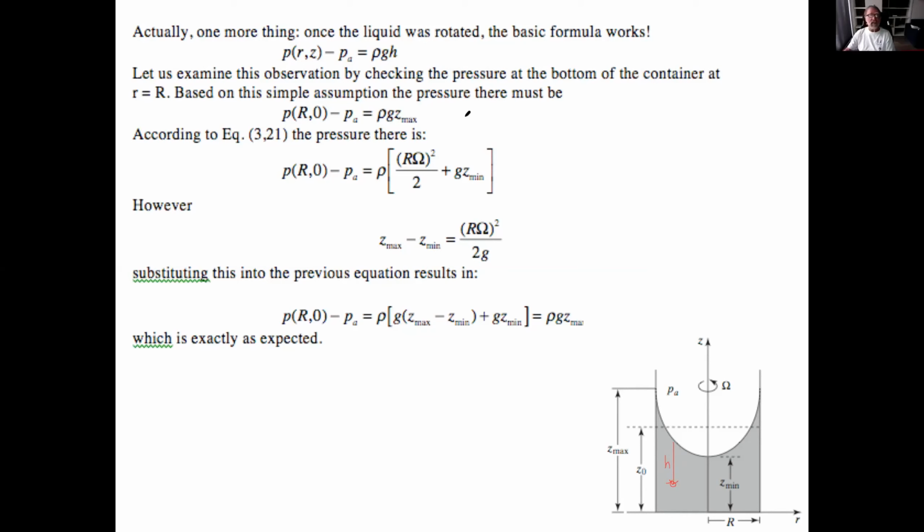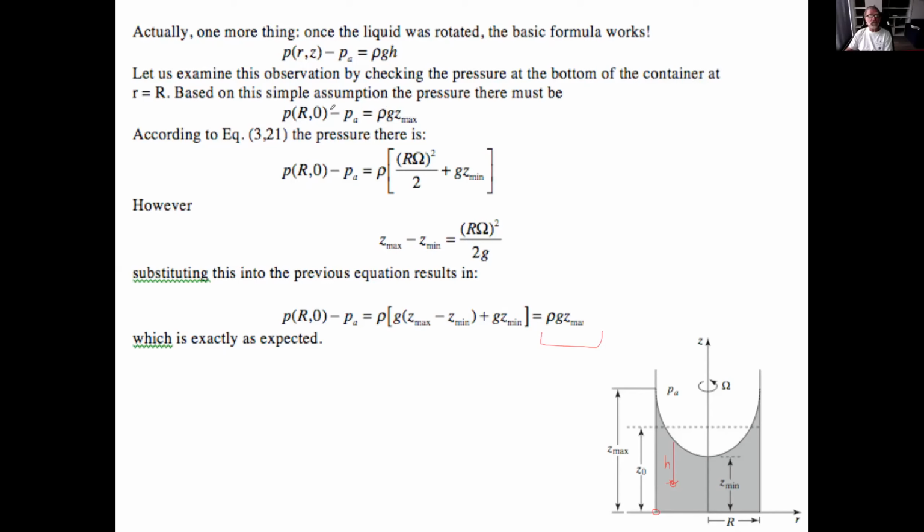So let's see, how can I do that? Here I took an easy way out, and I took R equal capital R. The pressure at the bottom. We take actually this point here, right here. So that's going to be easier just to prove the same thing. So we expect that the pressure at that point is going to be rho G Z max. That's what we're supposed to get, which is the answer here. Let's see if it works out.